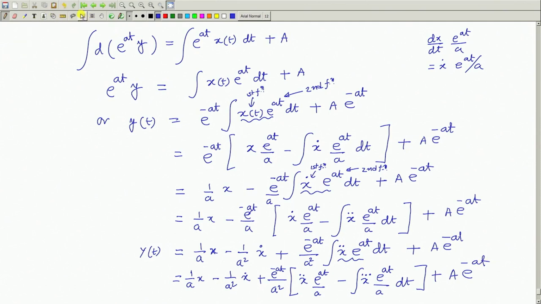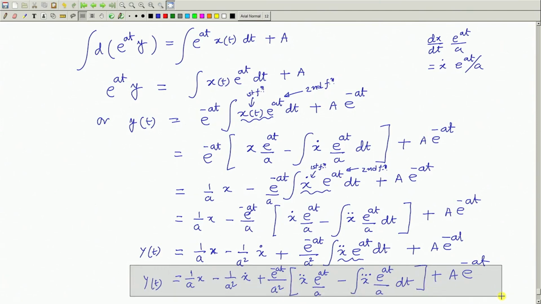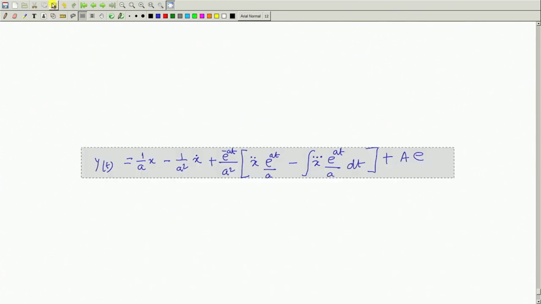Now, this is equal to your y t. What I will do is I will copy this last step, go to the next page and paste it.